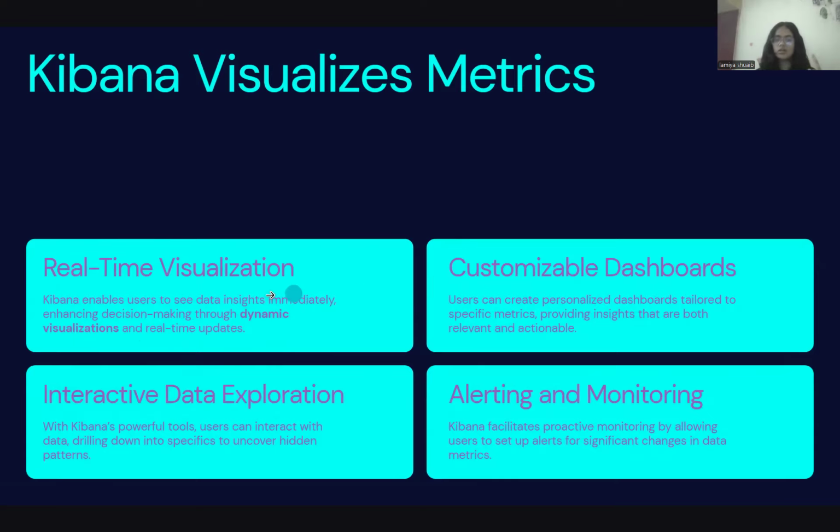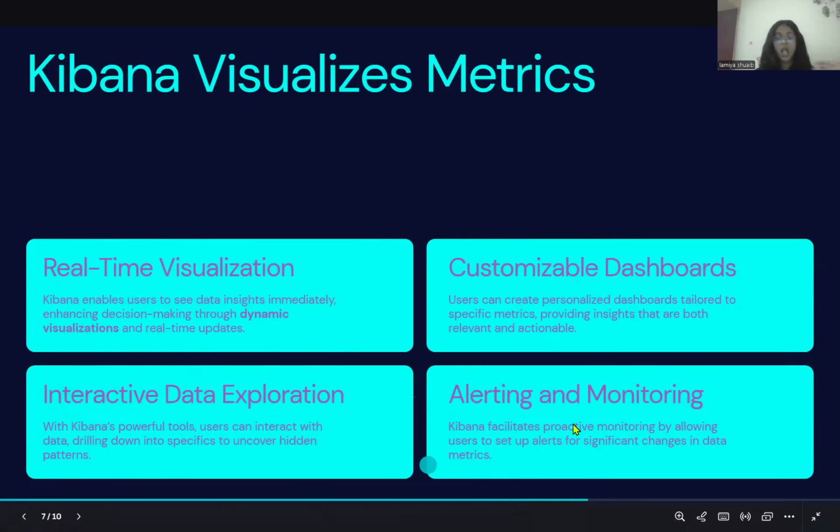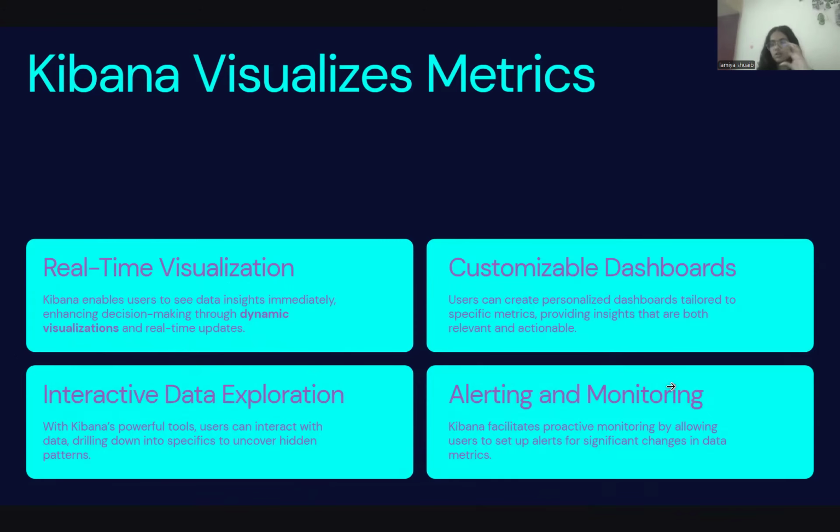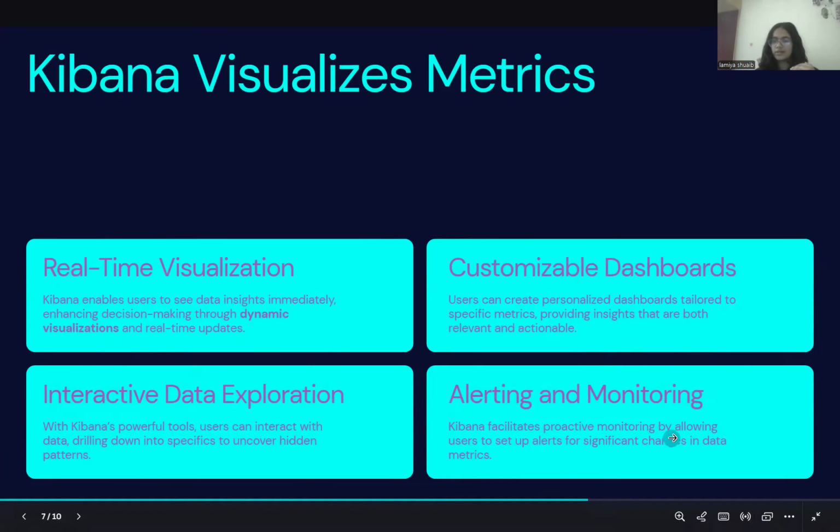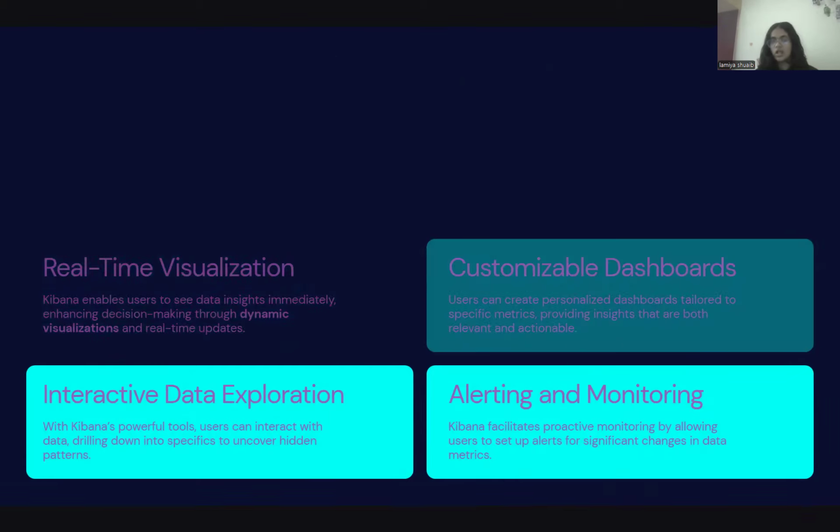Here we can create dynamic visualizations and customizable dashboards. You can use personalized dashboards as well, and you can interact with the live data set. The more it gets updated, the dashboard also gets updated along with it. Kibana also facilitates an alerting and monitoring system.